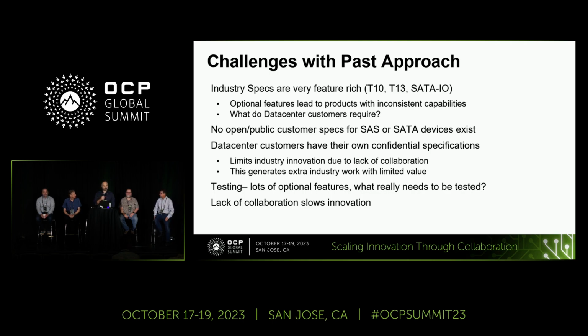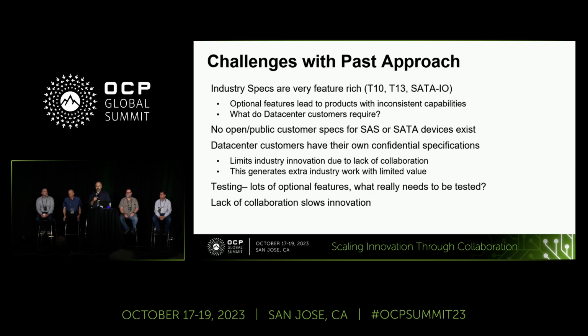It reduces the amount of innovation in the industry because you can't collaborate when you've got a bunch of confidential specifications. Lots of times we would have very similar requirements, but they'd be slightly different, and so we'd wind up with different versions of firmware and things that would drive a lot of extra industry work with very limited value.